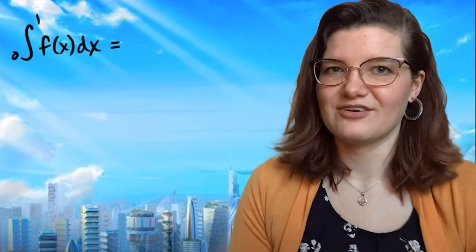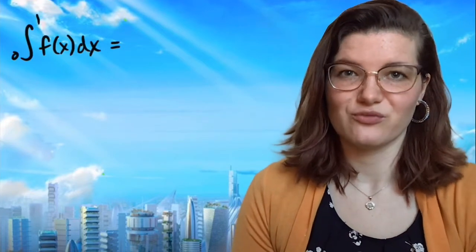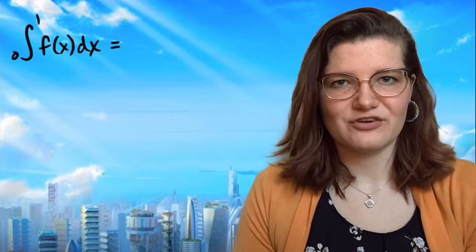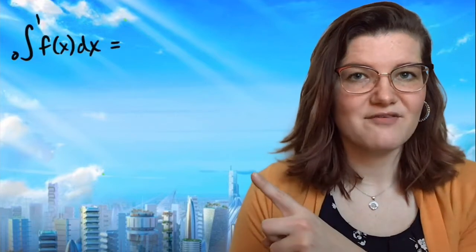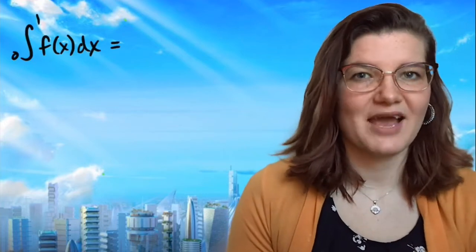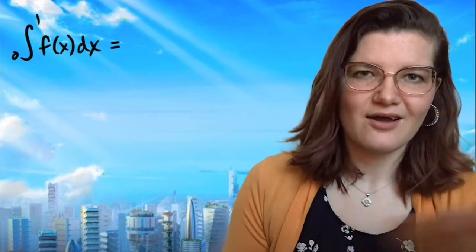Now we have an integral set up, and we need to actually integrate it. Not too bad, and we can use our integration rules to do this. So remember, the power rule says that what we're going to do is take the exponent that we have, add 1, and divide the whole thing by that new number. So x to the 7th, for example, would become x to the 7 plus 1, x to the 8 over 8.